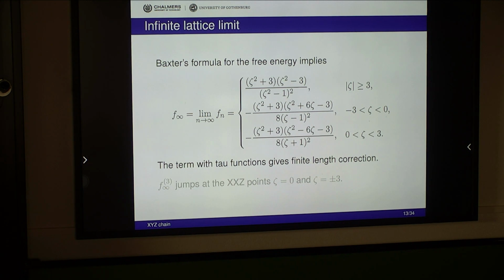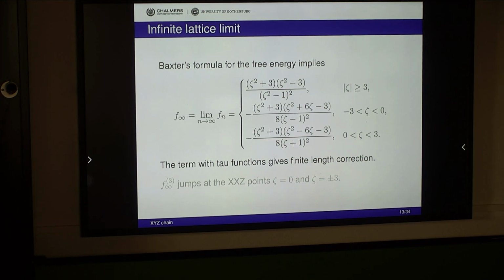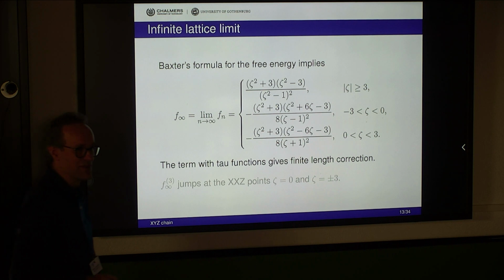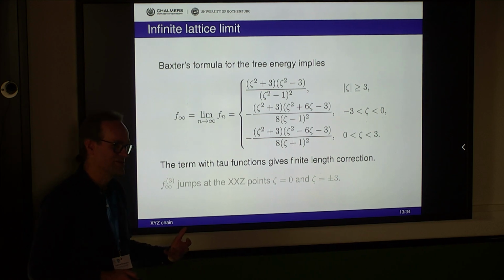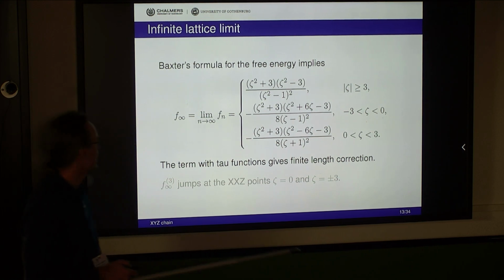Okay, and one thing you can compare this with is what you have for infinite chains, because that you can compute from Bax's formula for the free energy. You could also compute these correlations, and they also simplify in this supersymmetric case.